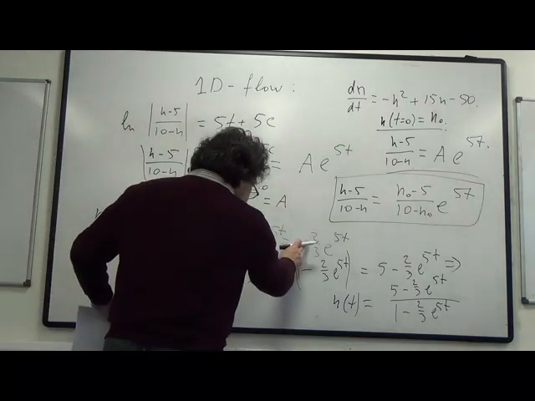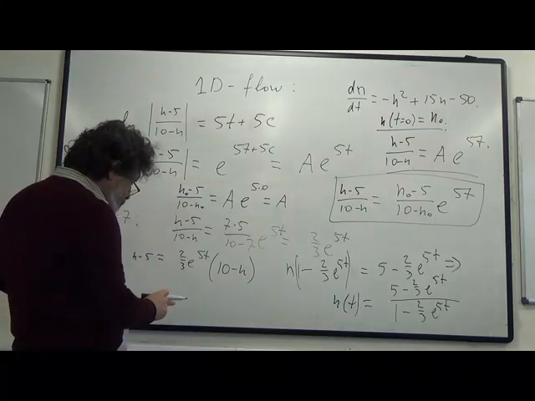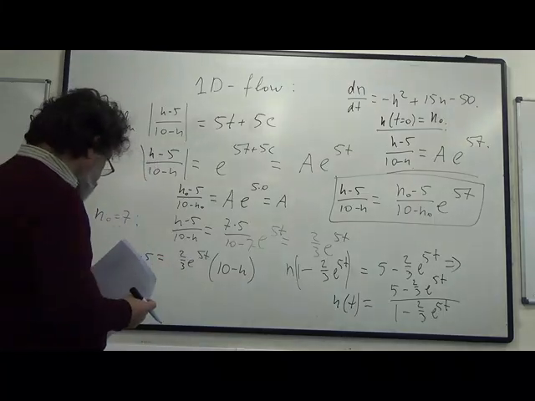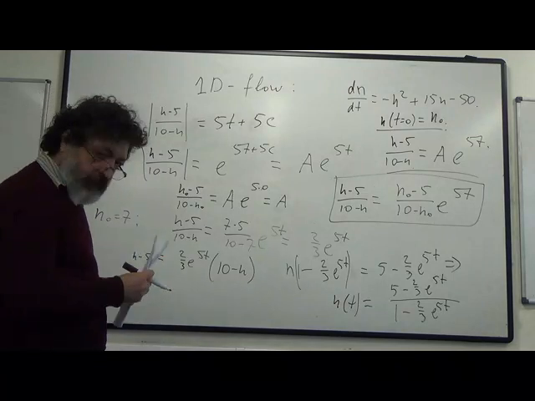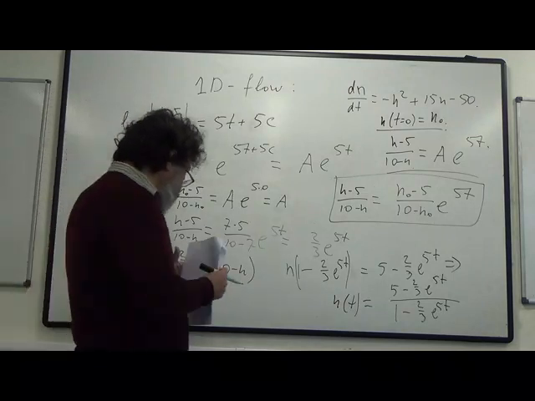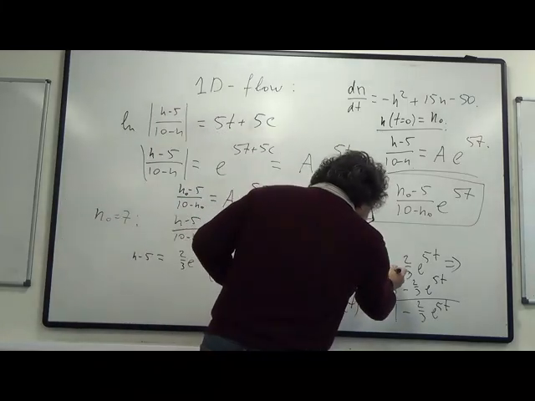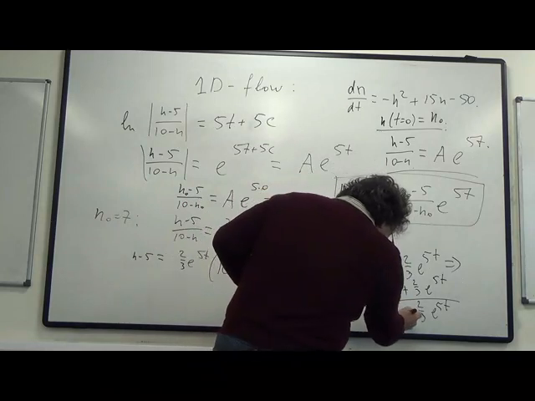This should be positive. Okay, one mistake. If this is positive, it is good. And here should be plus. And here should also be plus. This is plus and this is plus, yeah?